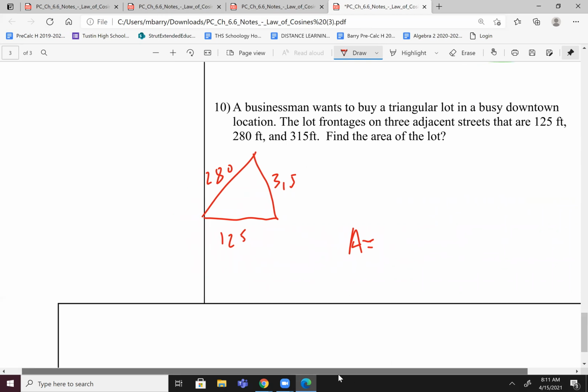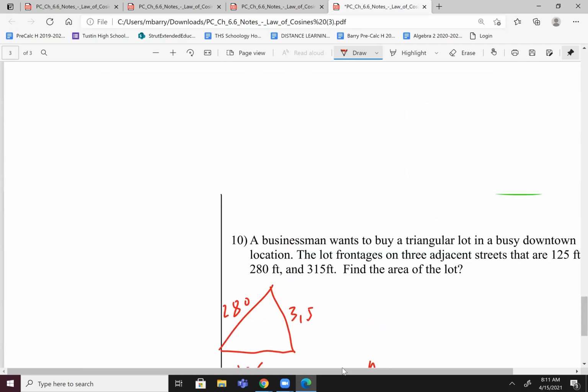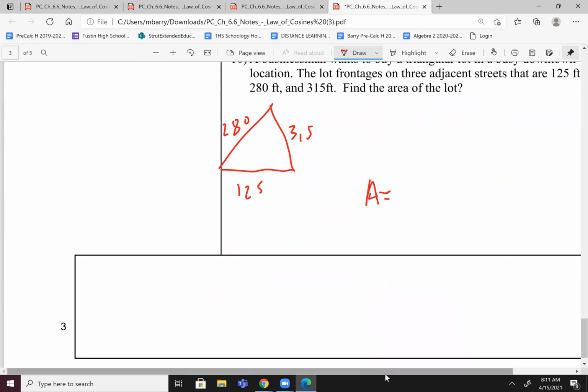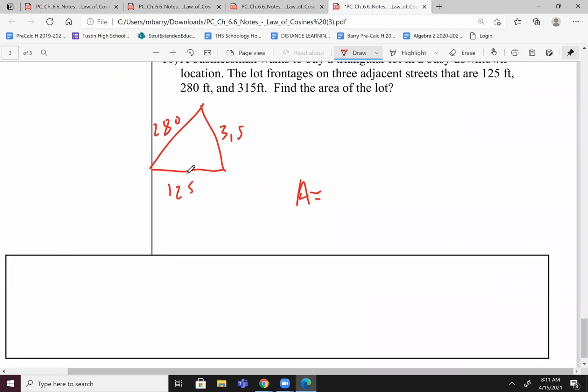To find the area of a non-right triangle, we did learn a formula in this section, and that is 1/2 ab sine C. In order to use that formula, I'm going to need one of these angles, because I have all the sides, but to use that area formula, I need the angle in between two of those sides. Does it matter which angle I find? No, actually not really, because I just need the angle in between two of the sides that I already know.